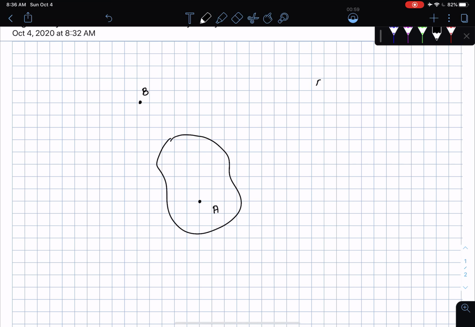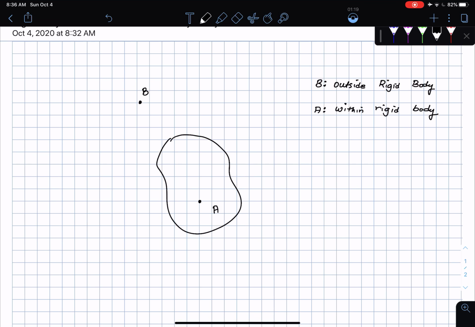So point B is outside the rigid body. Point A is within the rigid body.